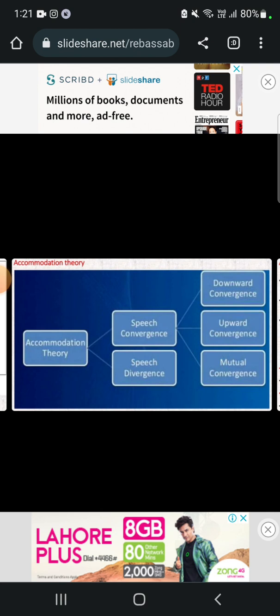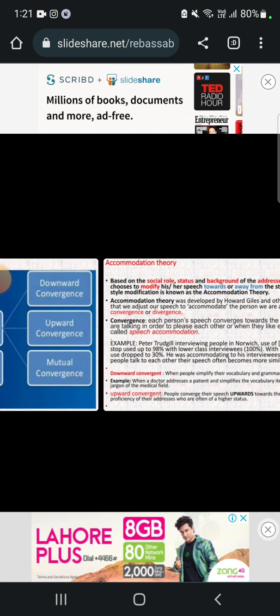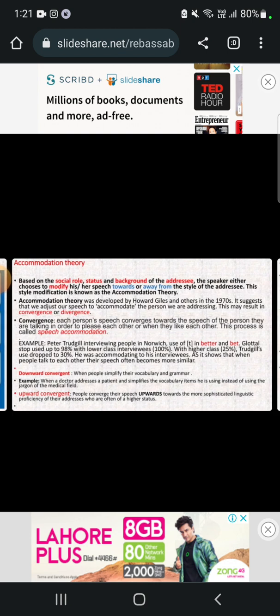So divergence means to sound different from the addressee. This is also taken as non-cooperative speech. And speech convergence is when we choose to be more similar by choosing the style of the addressee rather than your own style, trying to show that you are more similar to them.